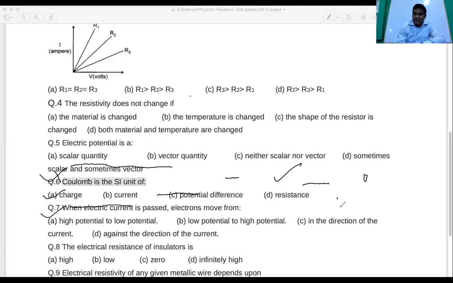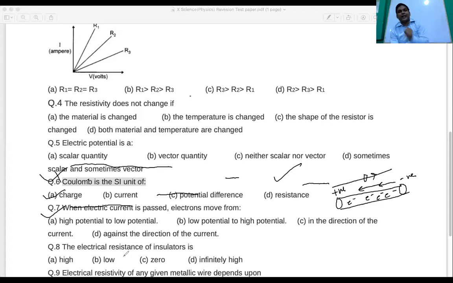Let's understand: if this is positive and this is negative, current always flows from higher to lower potential. But electrons are negatively charged, so they flow from negative to positive, that is, from low potential to high potential. The correct answer will be against the direction of current.